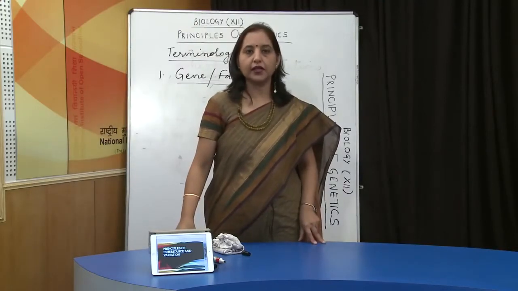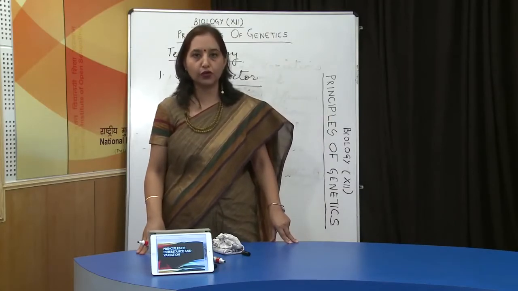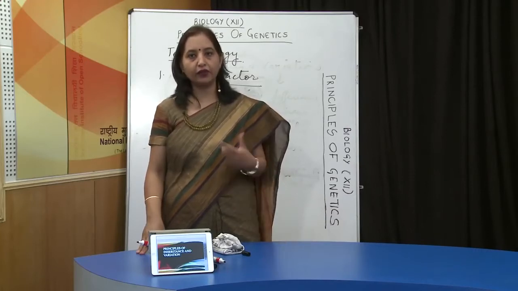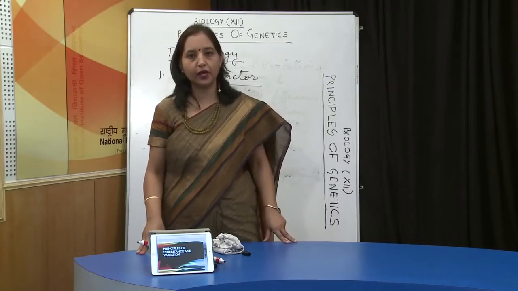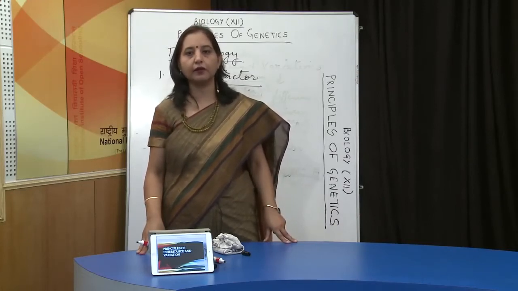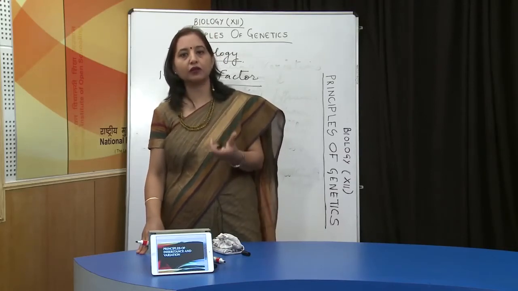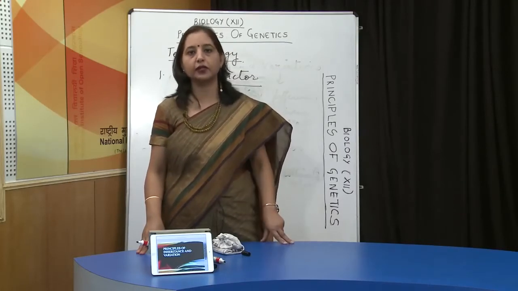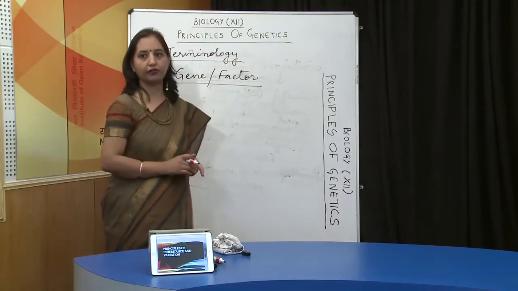When Mendel was studying garden pea for his experiments, at the time neither the chromosomes were discovered nor genes were known to anybody. So he referred to genes as factors. So when we talk about factors, we know that we are talking about the genes in today's context. Mendel called them as factors, that there is something called as factors which pass on from one generation to the other. This is referring to actually genes in today's context. So the first term is gene or factor.